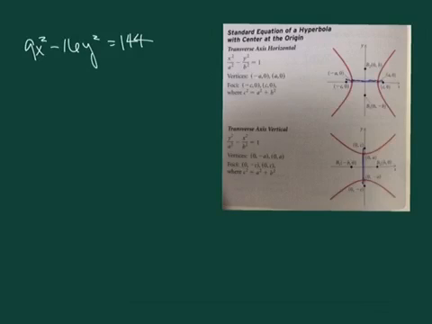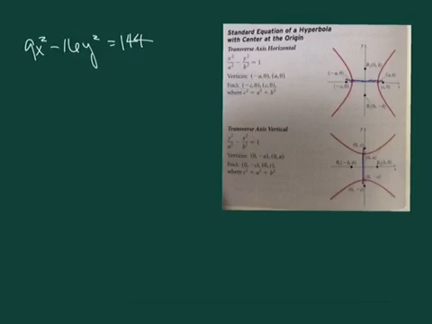Let's look at example 2. What they want us to do is find the vertices, the foci, and the asymptotes, and then graph. This is not in standard form for a hyperbola, so we need to do that. One of the things you'll notice is both of them are equal to 1.